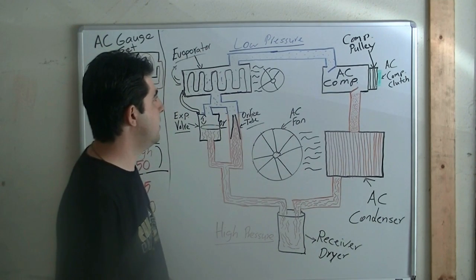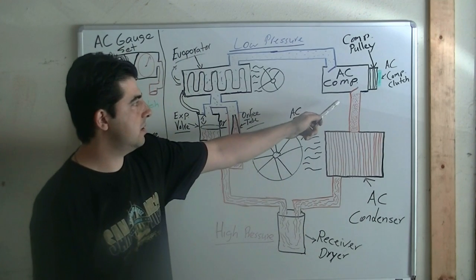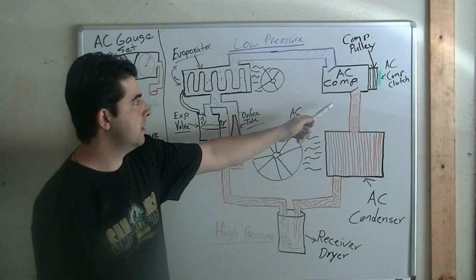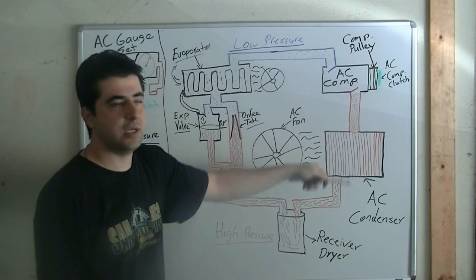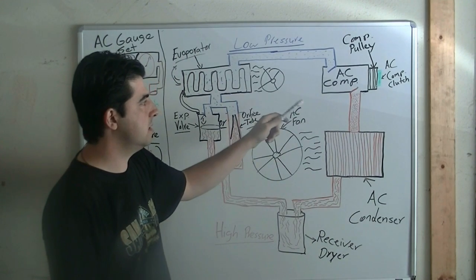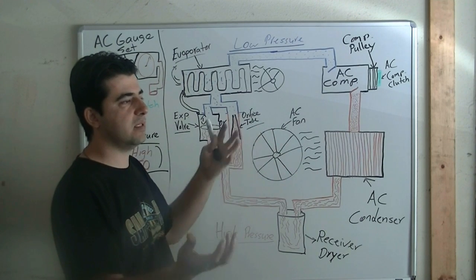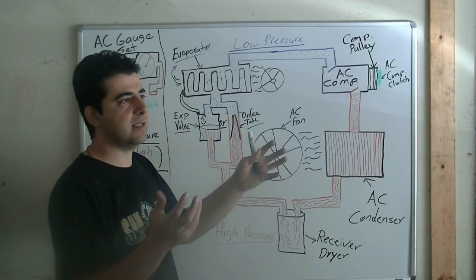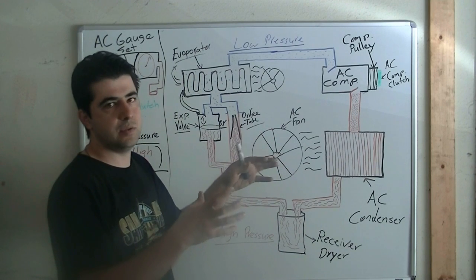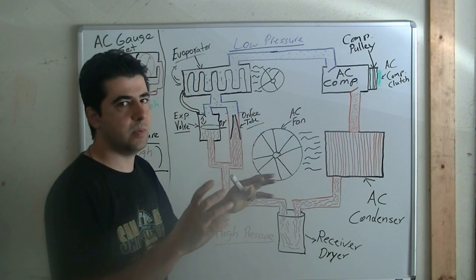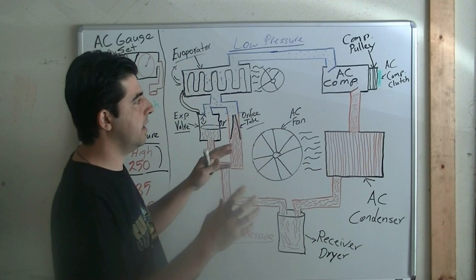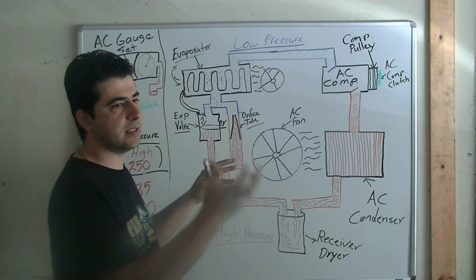Okay, we'll start from the AC compressor. The freon that passes through your system goes from the high pressure side to the low pressure side. It goes from gas to liquid, and from liquid to gas, and the system is set up in a way to manipulate that in the most efficient way to reduce the temperature inside your passenger cabin.